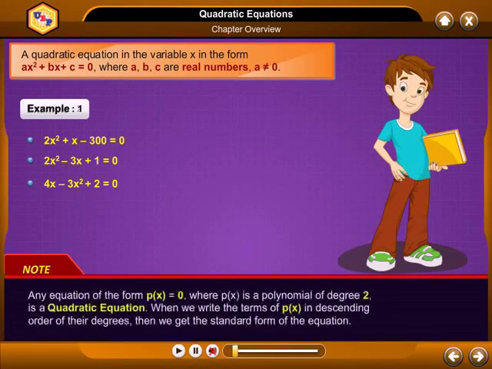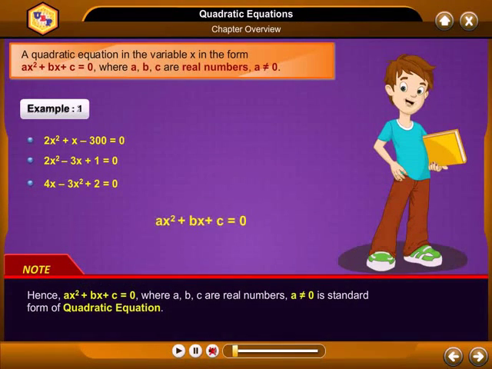Note, any equation of the form p(x) equal to 0, where p(x) is a polynomial of degree 2, is a quadratic equation. When we write the terms of p(x) in descending order of the degrees, we get the standard form of the equation.